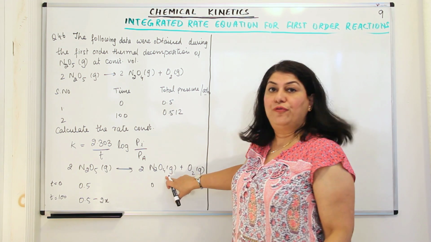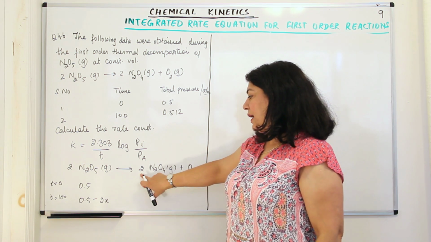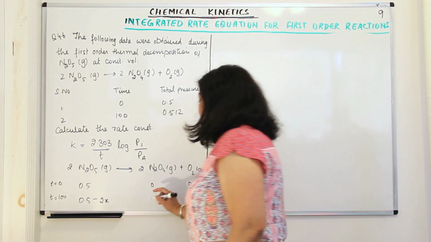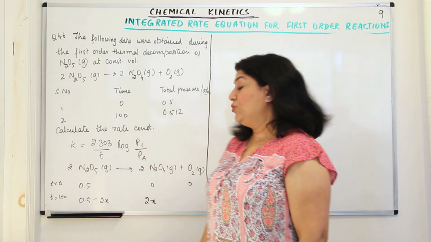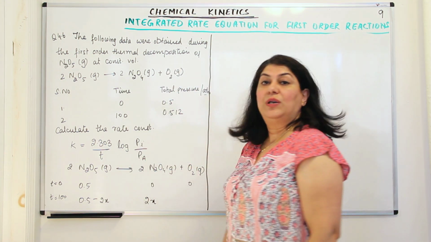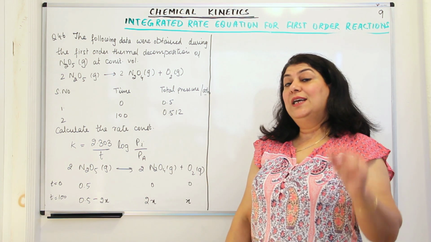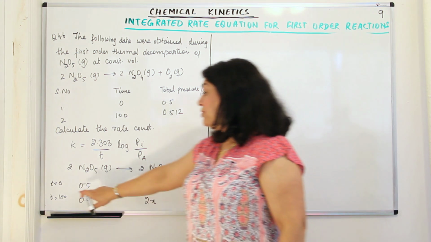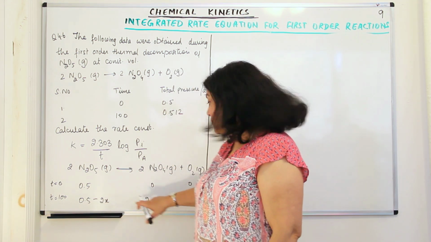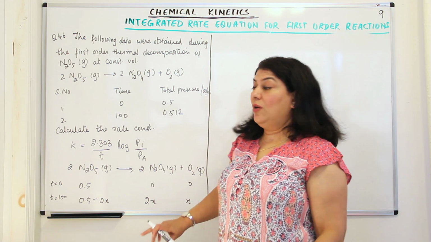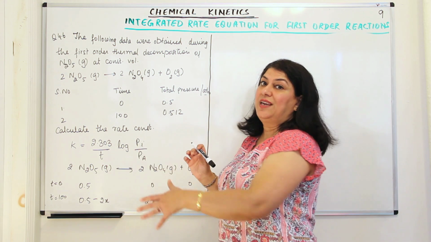Then for N2O4, the partial pressure increases, again the stoichiometric coefficient is 2, therefore you write 2x here. That would be the partial pressure of N2O4. And oxygen has only 1 mole, therefore this would be x. So the total pressure at time t equal to 100 would be 0.5 minus 2x plus this. Now I'm just following the same steps as we did when I explained the equation to you.